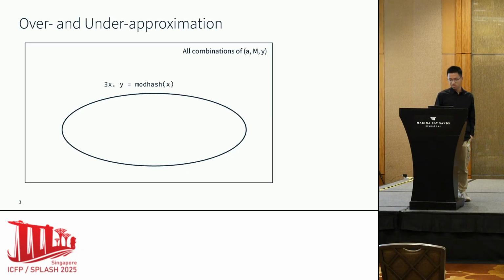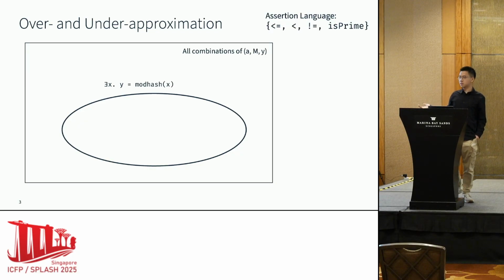Okay, that's good. And actually, the relationship between these two kinds of specifications is just a duality between over- and under-approximation. So why do we need approximation? The reason is that the formula we show on the screen is not a useful specification. It just restates the program itself. So we have an assertion language with limited expressivity, on which we want to build the specifications.